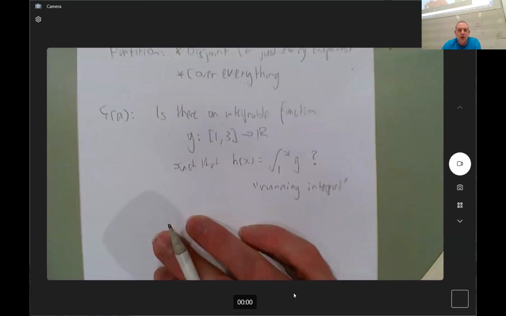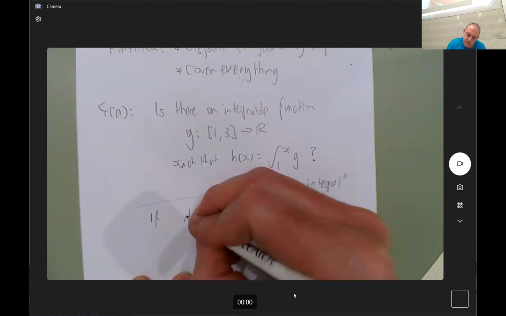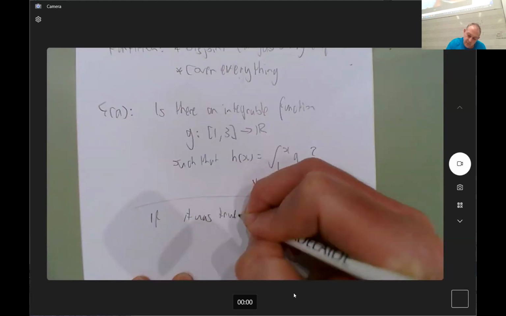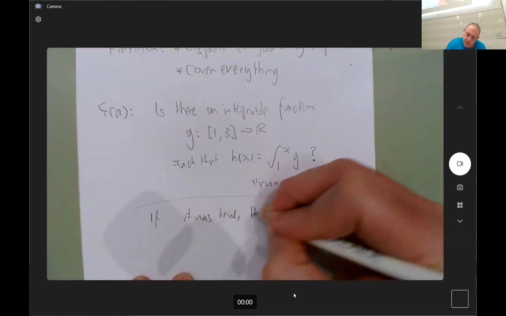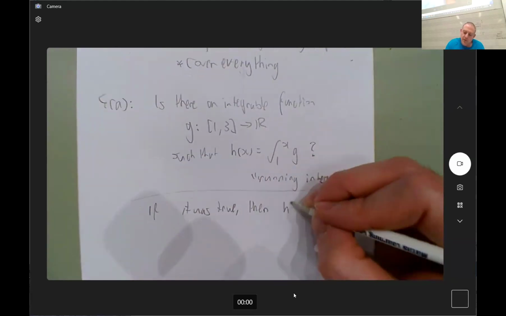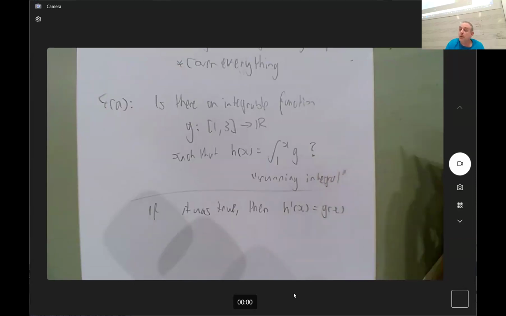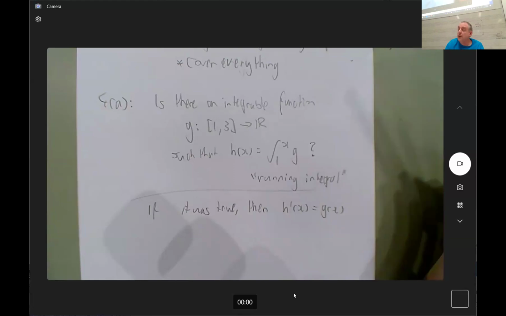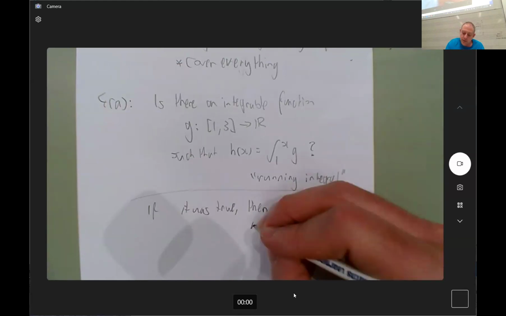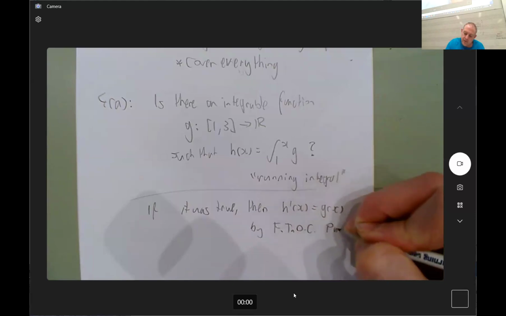And so if it was true, then h dash of x would have to be equal to g of x, by the fundamental theorem of calculus part one.